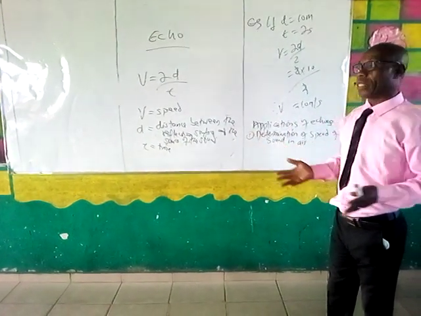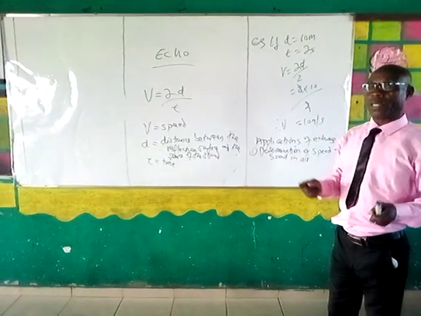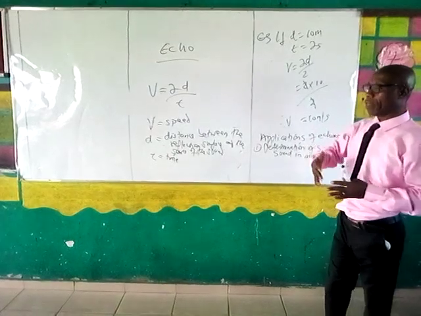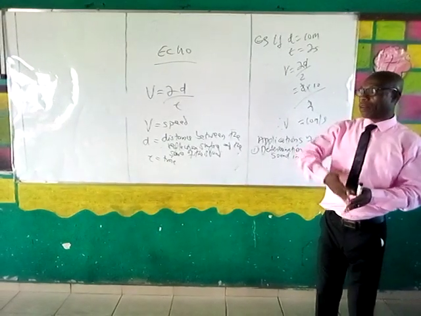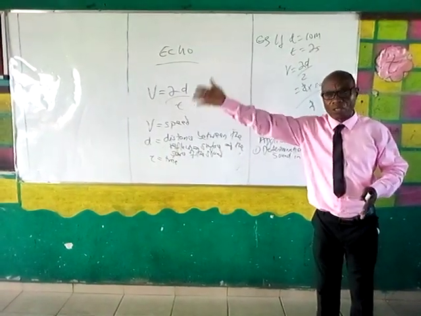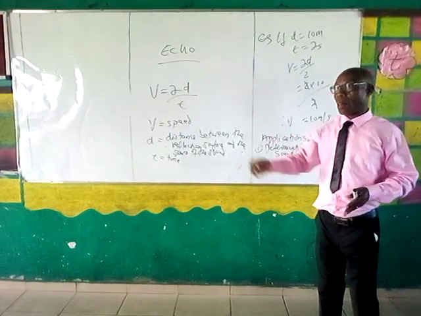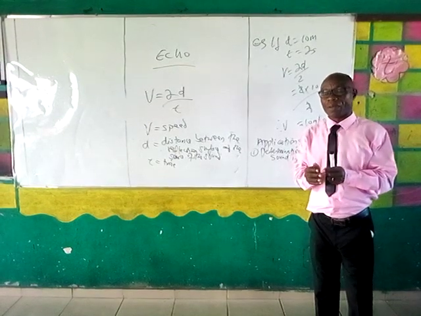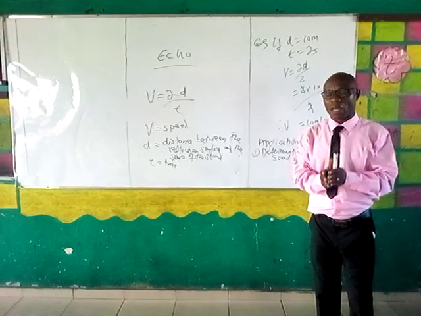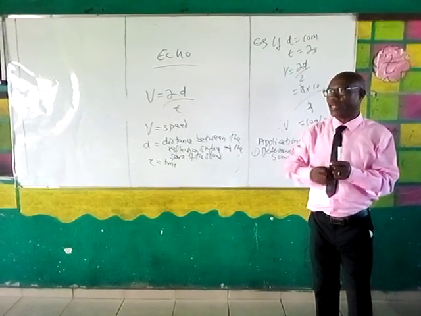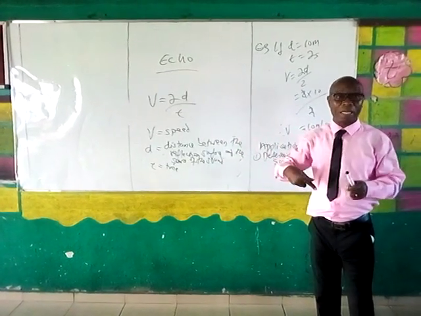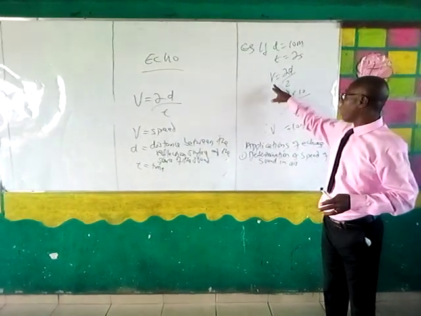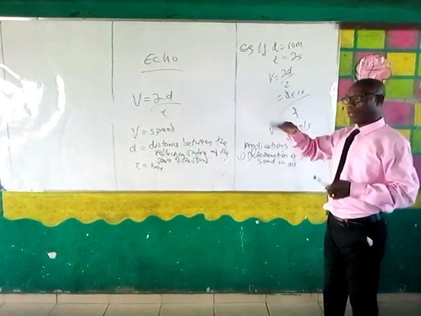If you stand outside and you want to determine the speed of sound in air, then you measure the distance from where you are standing to the reflecting surface like a building, and you clap and record the time between releasing the sound and the time the echo is heard. From that, you can use this formula to find the speed of sound in air.